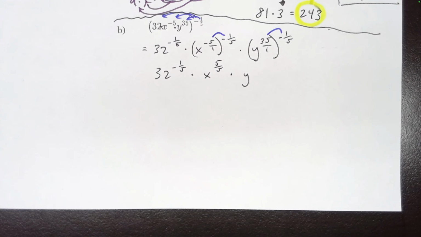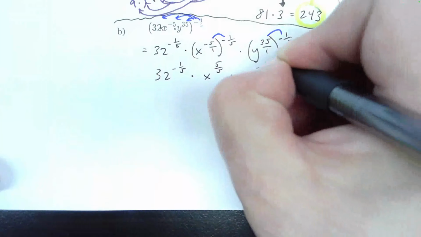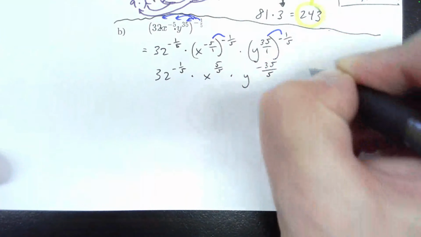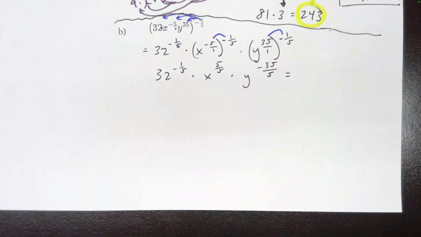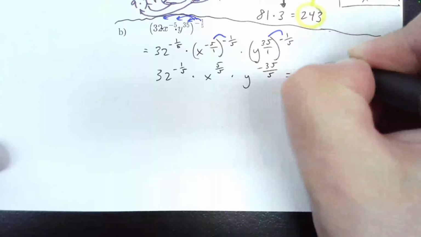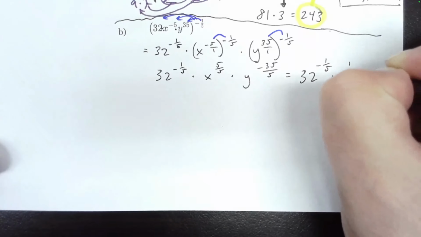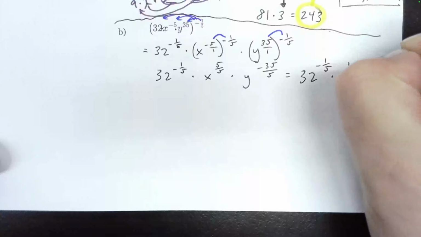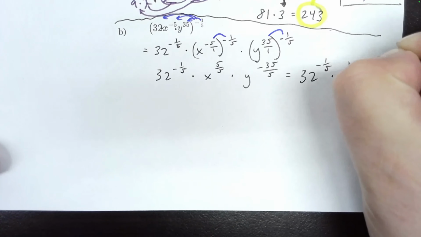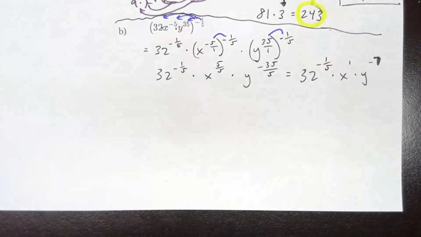Positive 1 times positive 5 makes positive 5. And then 35 times negative 1 is negative 35 over 5. I can divide. 5 divided by 5 is 1. Negative 35 divided by 5 is negative 7. So I get 32 to the negative 1/5 times x to the 1 times y to the negative 7.